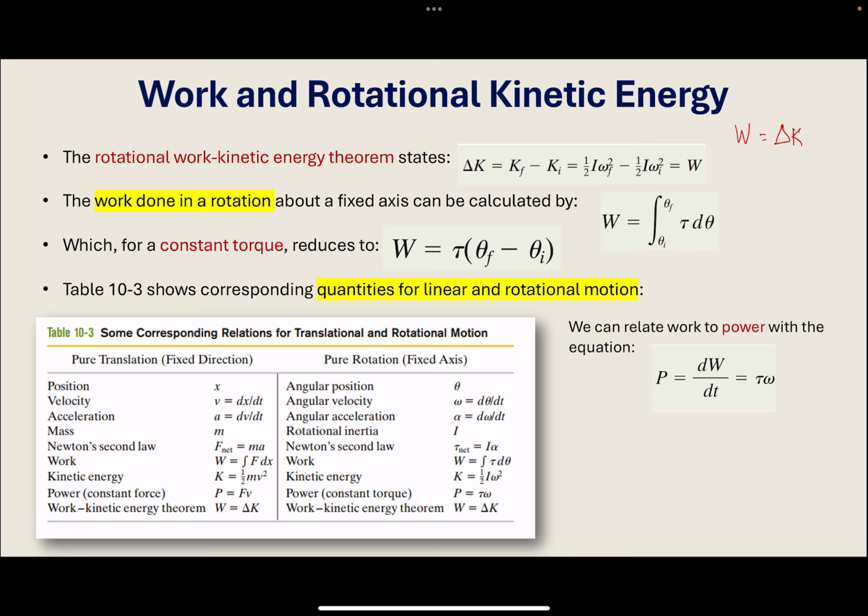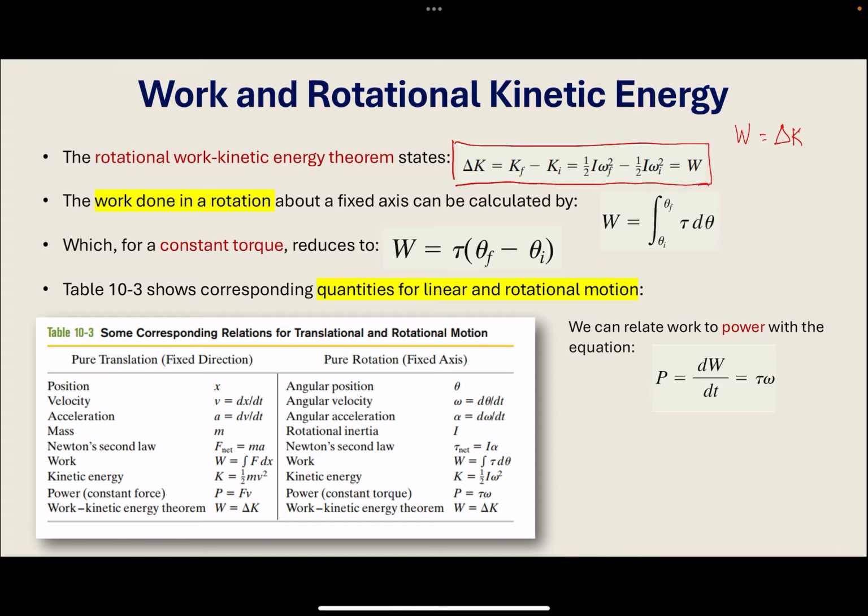In rotational motion, the same principle applies but using rotational quantities. This is called the rotational work-kinetic energy theorem. So we have this equation. The work done by a torque equals the change in rotational kinetic energy.